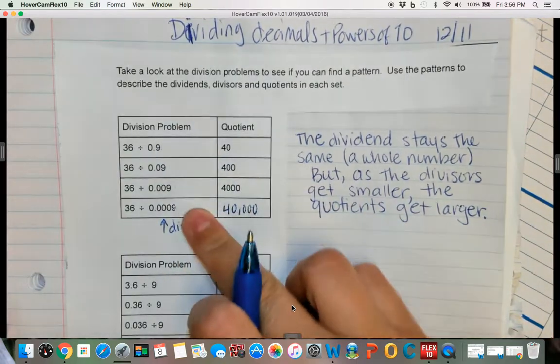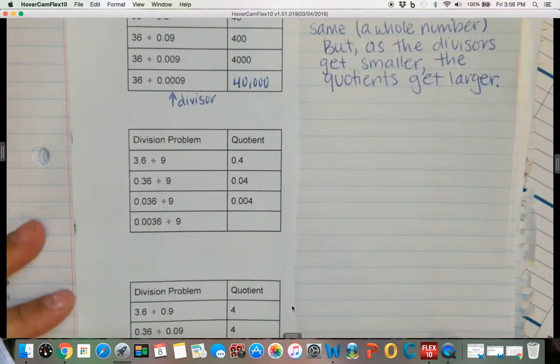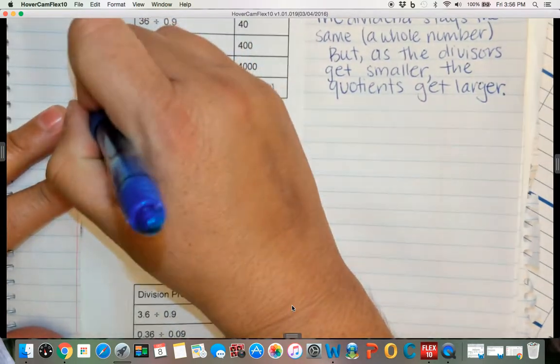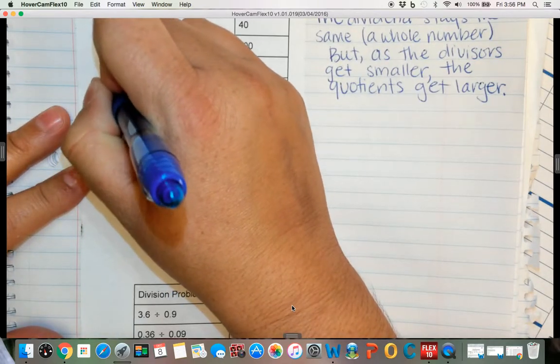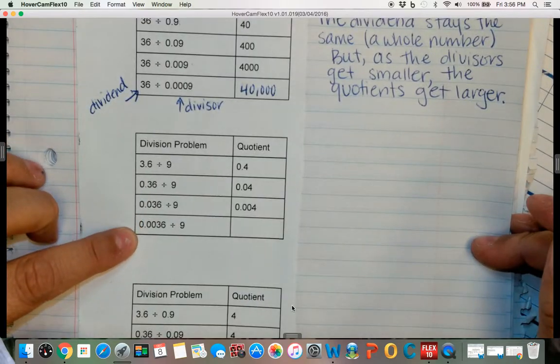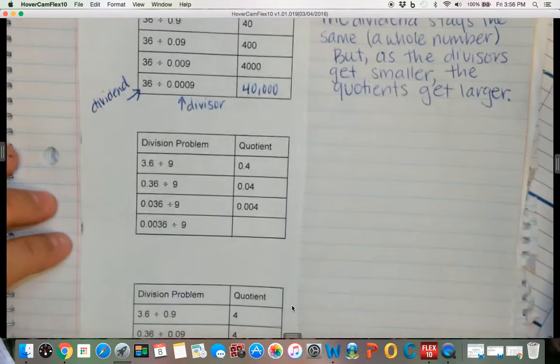Okay, so there's a pattern that we see. Let's go ahead and look at the next set of problems. Now instead of looking at, here I'm going to label this as dividend. Now our dividends are changing, but our divisors stay the same.